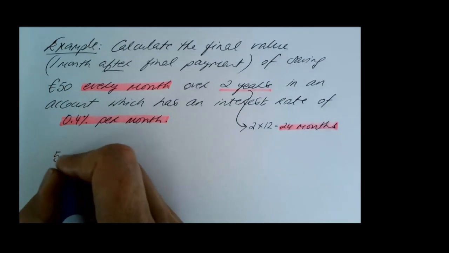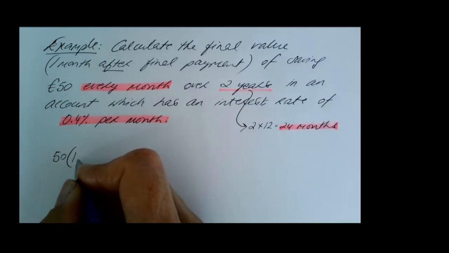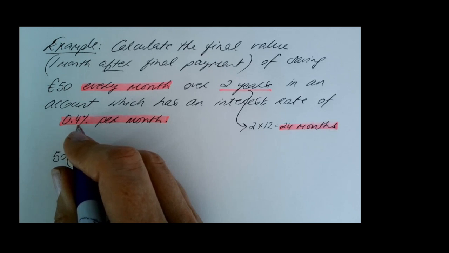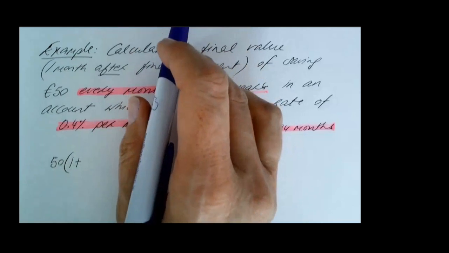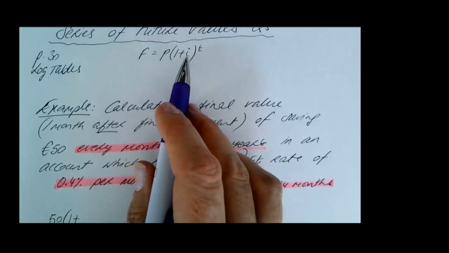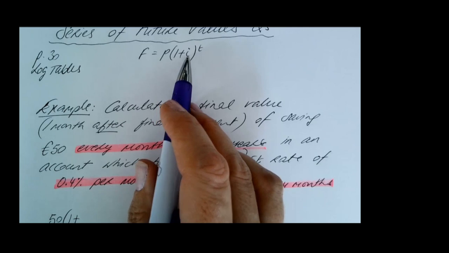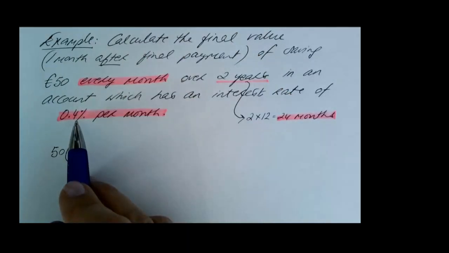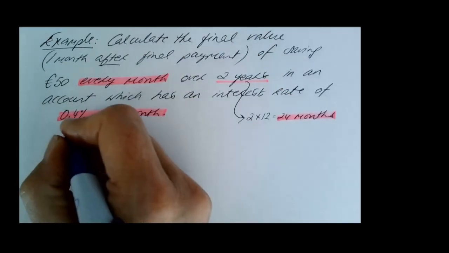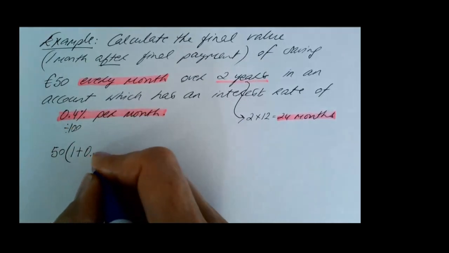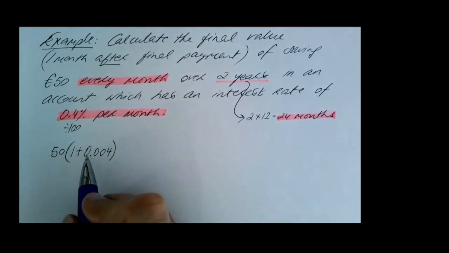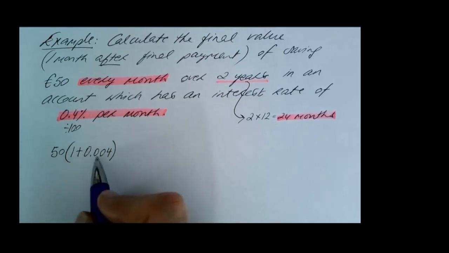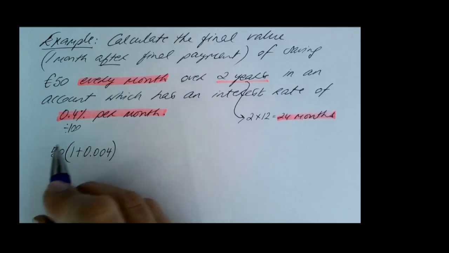So that 50 euros will earn 0.4% interest. So now the I that I fill in here, of course, has to be, remember, in decimal form. So 0.4% divided by 100, of course, will give you the decimal form. So that 50 euros will earn that 0.4% interest. So we will multiply by 1.004 to get that 0.4% and add it on.